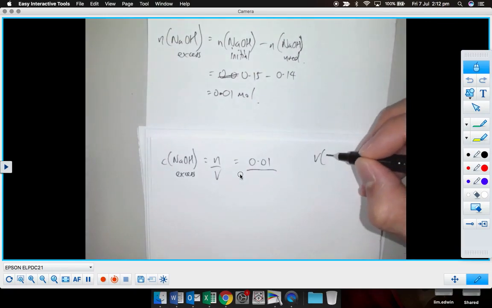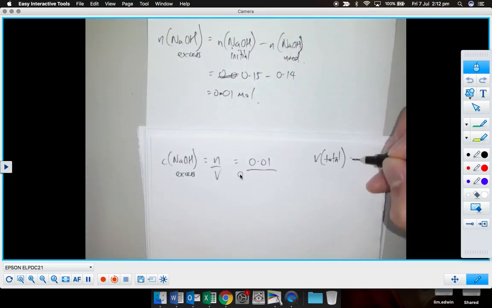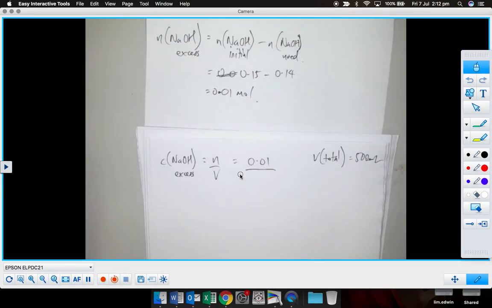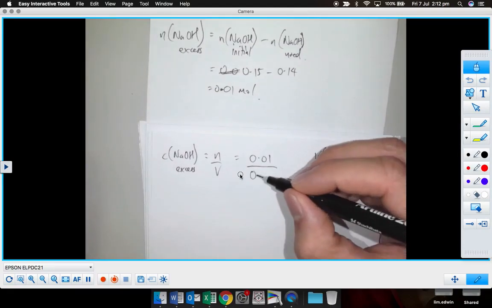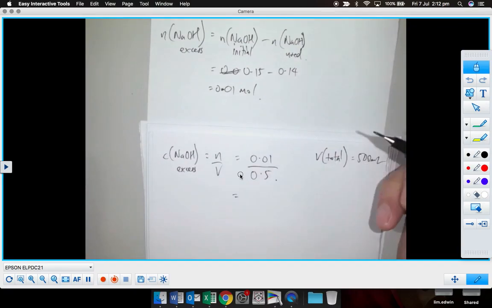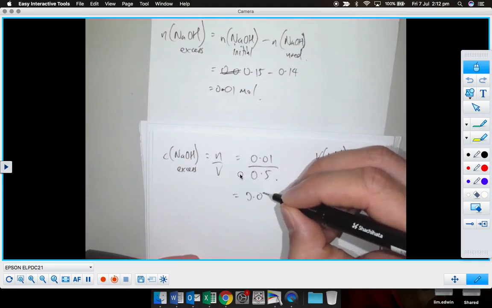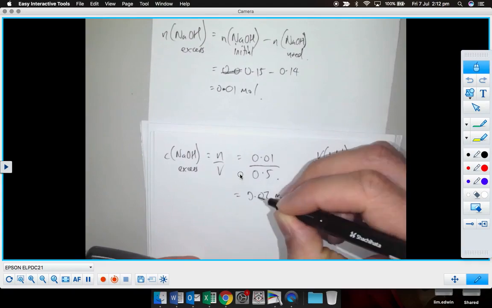The volume of all of the stuff is equal to the 500 mL, because it's put into the 500 mL volumetric flask and added water to it, so it's not going to be the combined volume of the two. Okay, so that's that. And now 0.01 divided by 0.5 is 0.02 mole per liter.